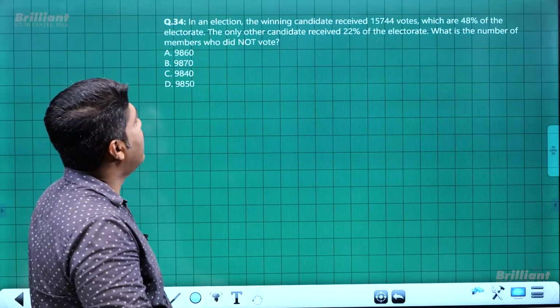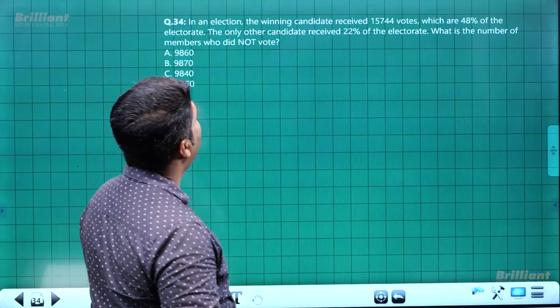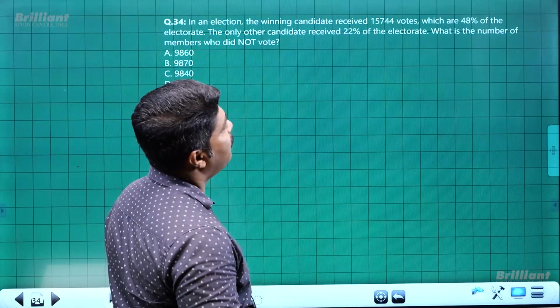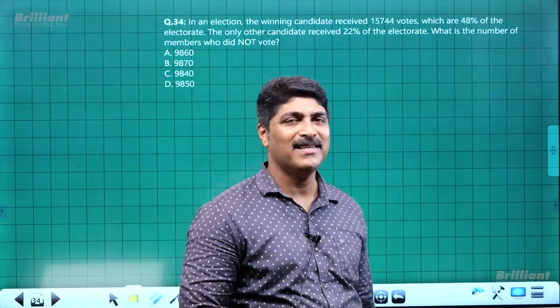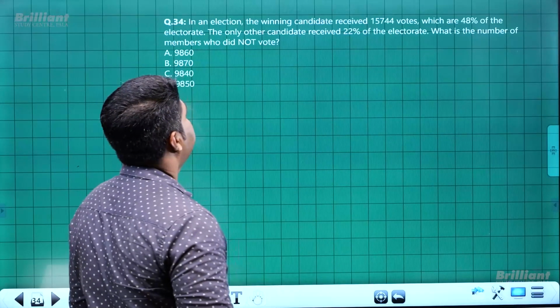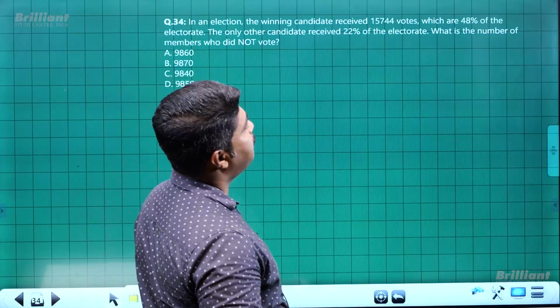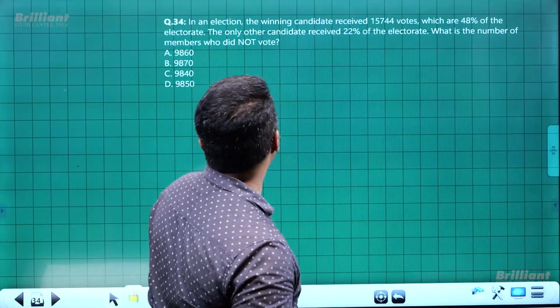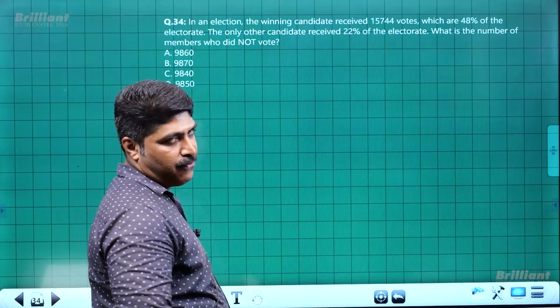The next question: in an election, the winning candidate received 15,744 votes, which are 48% of the electorate. The other candidate received 22% of the electorate. What is the number of members who did not vote?